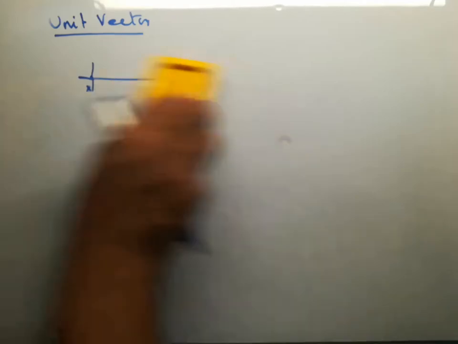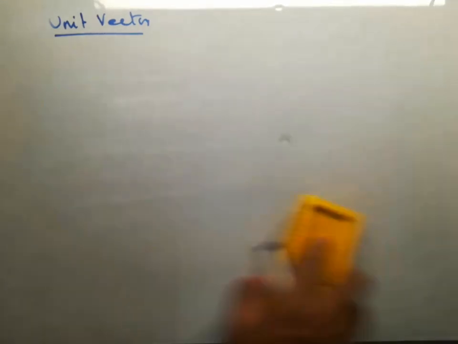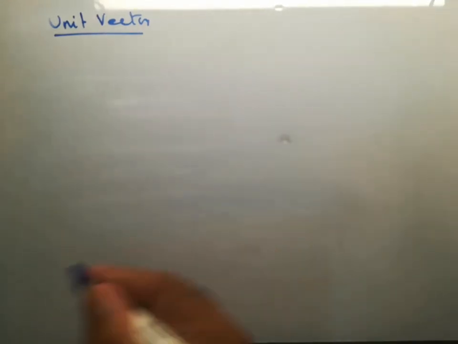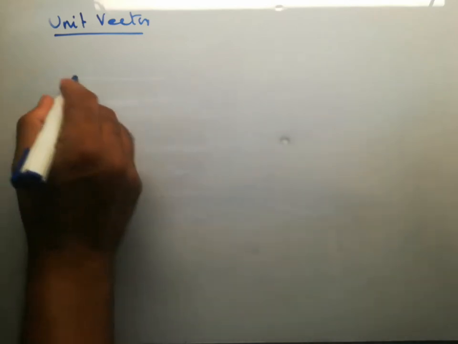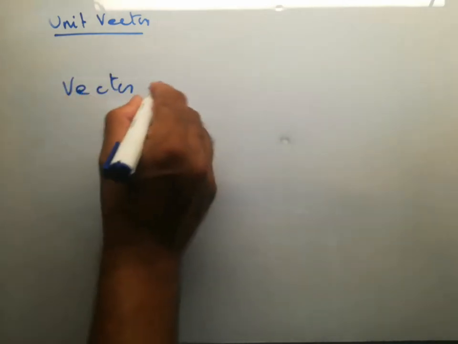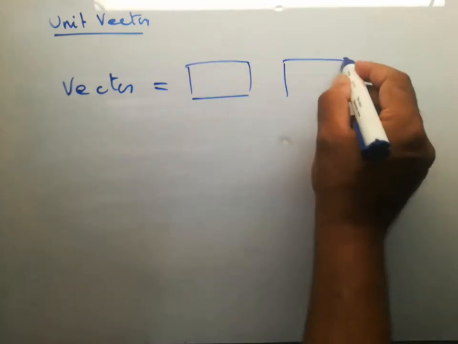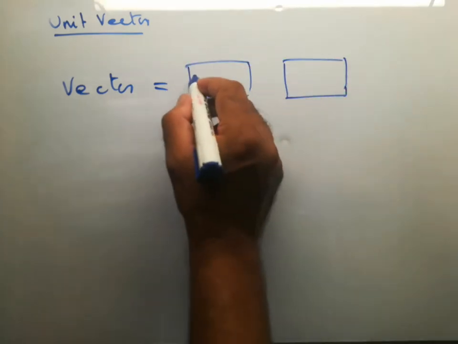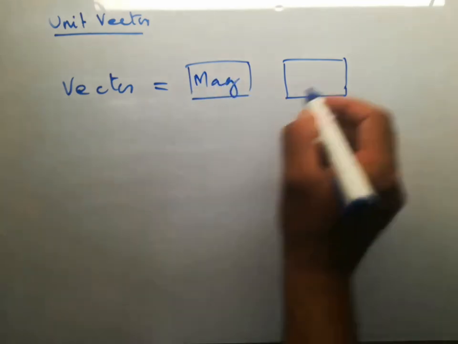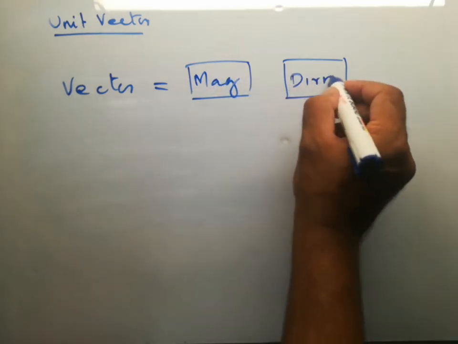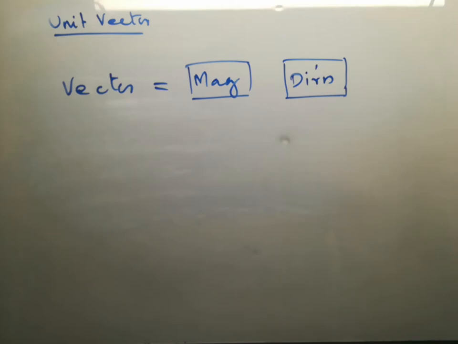So what is a vector? A vector means it is having two components, which are the magnitude and the direction. Is it not?